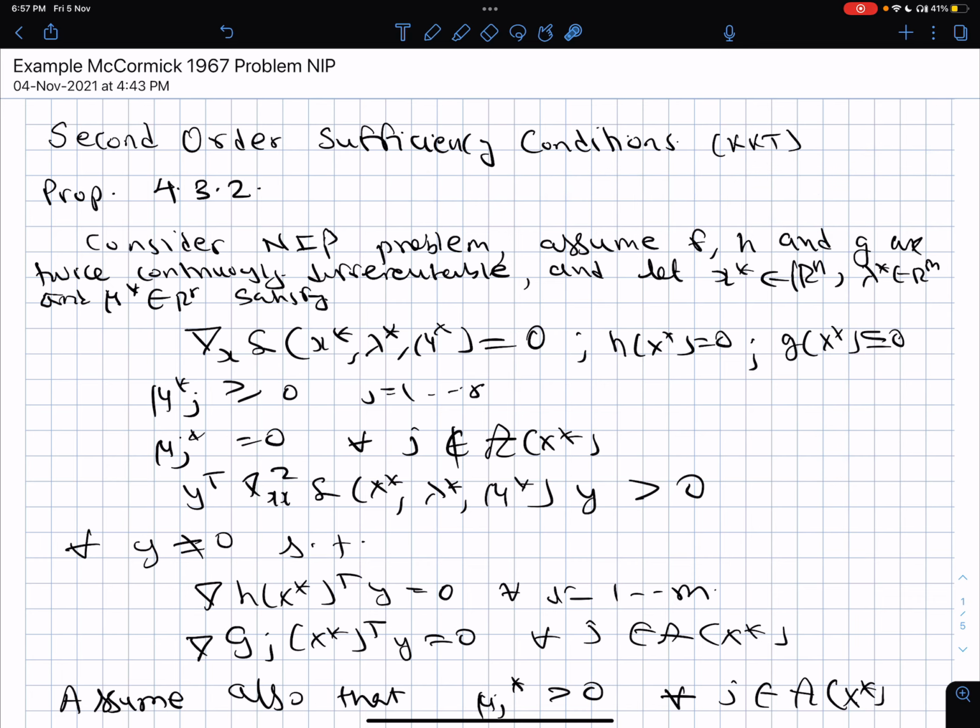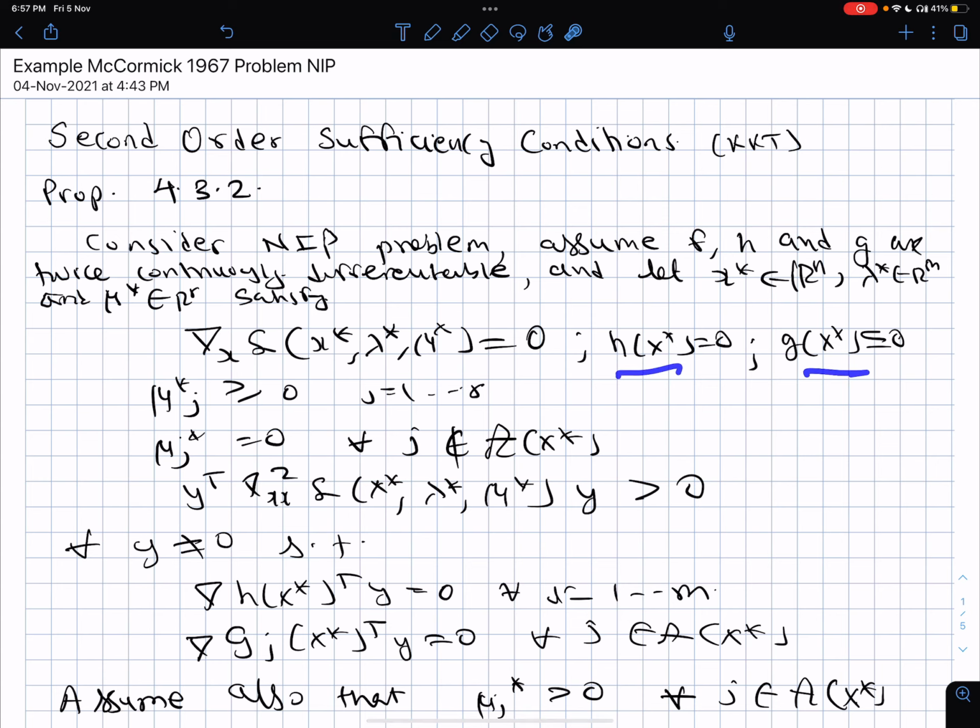And then you should be able to find an x star, lambda star, mu star such that x star is a stationary point of the Lagrangian function evaluated with the multipliers set to lambda star and mu star.